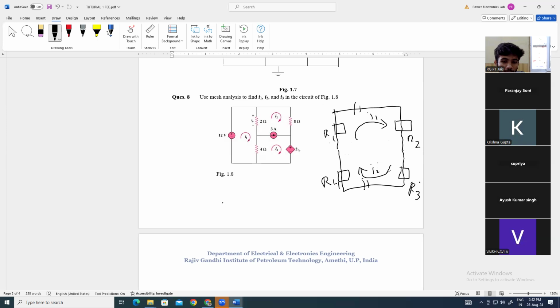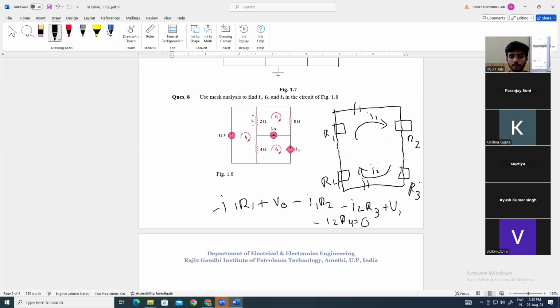So the overall voltage equation here would be I1 R1 plus some voltage source V0, minus I1 R2, minus I2 R3, and then there would be another voltage source V1, and at last minus I2 R4 equal to 0.